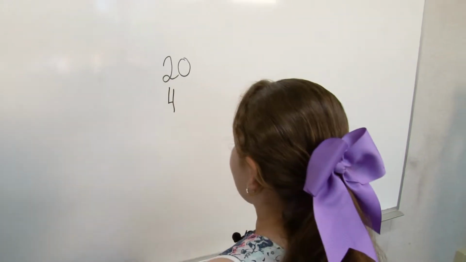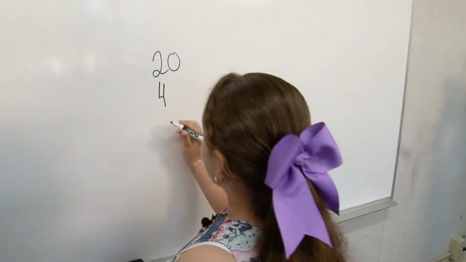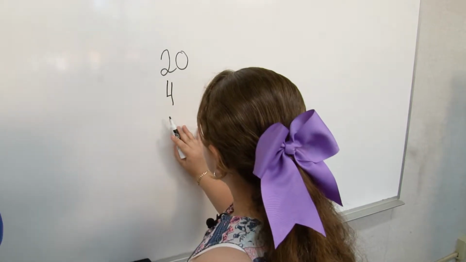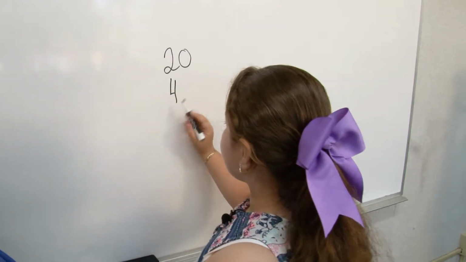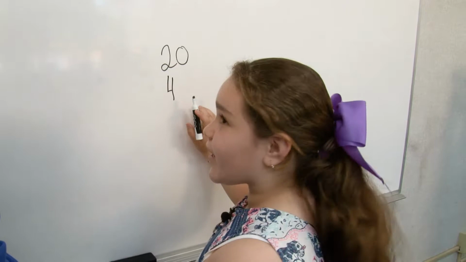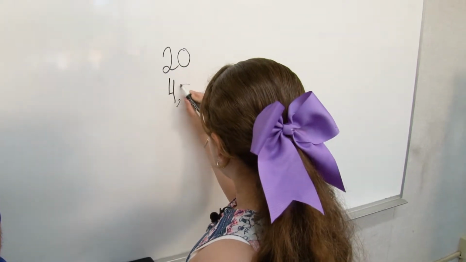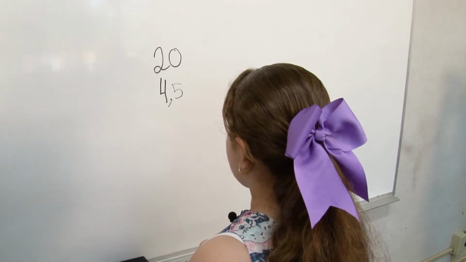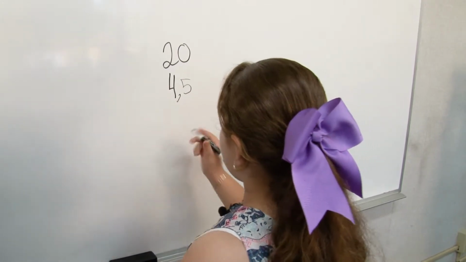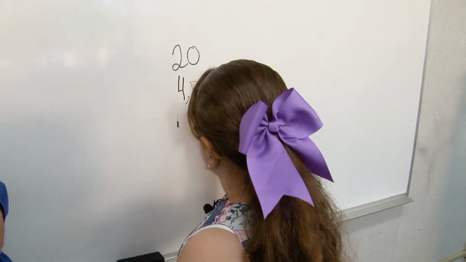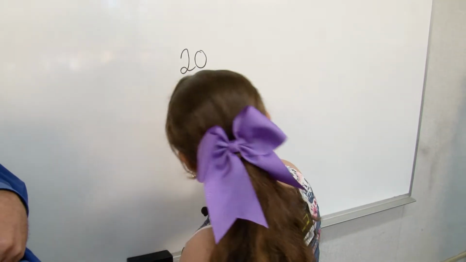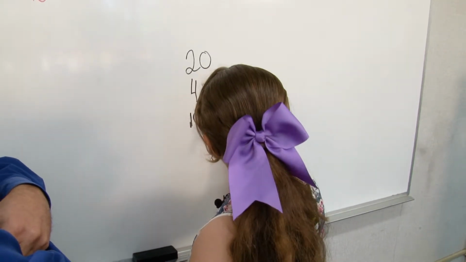4. And so 4 times what? How does 4 go in there? 4 times 5. Okay, so put a comma and put a 5, because we have 4 and 5. And then 10. And then 2.